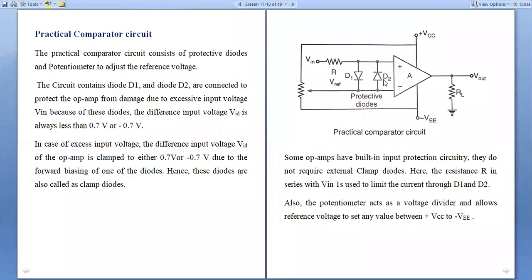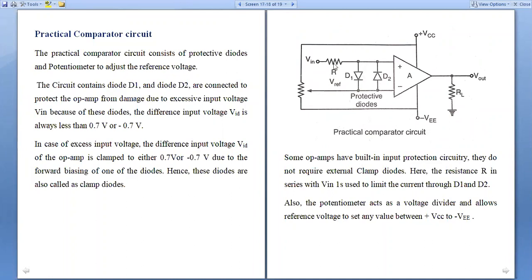That means these two diodes D1 and D2 act like a built-in input protection. That's why they are called clamp diodes. The input voltage is connected through diodes D1 and D2, so that any excess voltage will be limited.